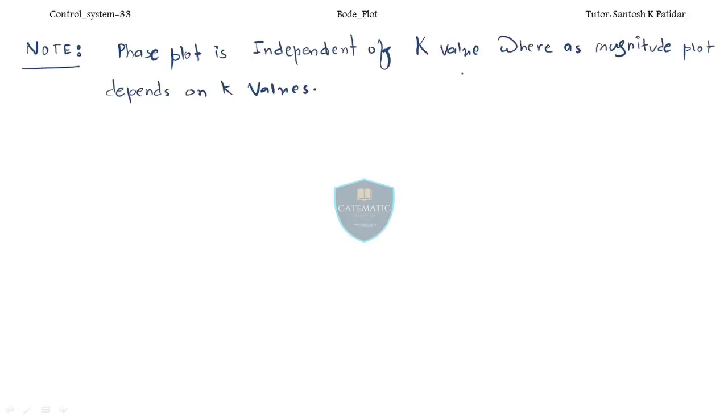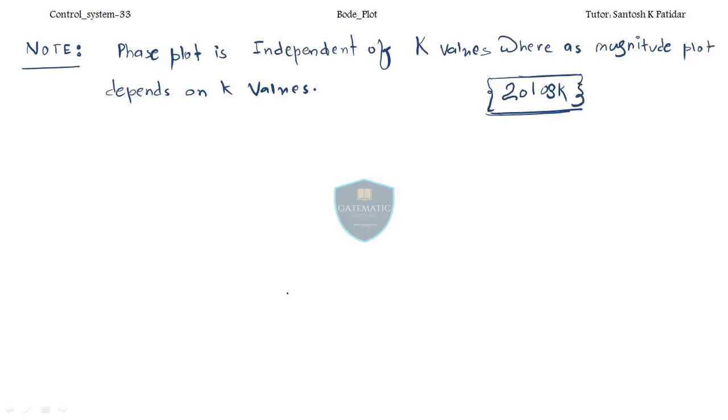Please note this down: the phase plot is independent of the K values, whereas the magnitude plot depends on K values. In the magnitude plot we always give the shifting of 20 log K, whenever we draw the Bode plot. Later we'll discuss this.